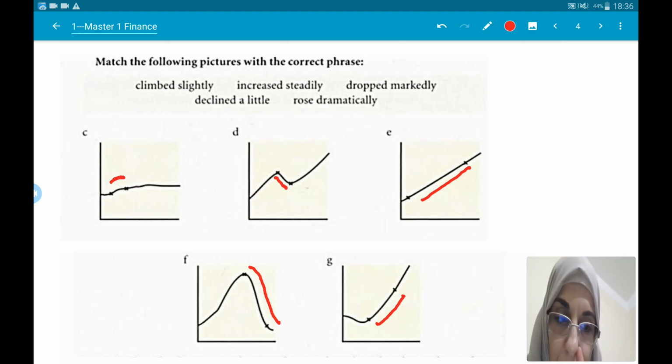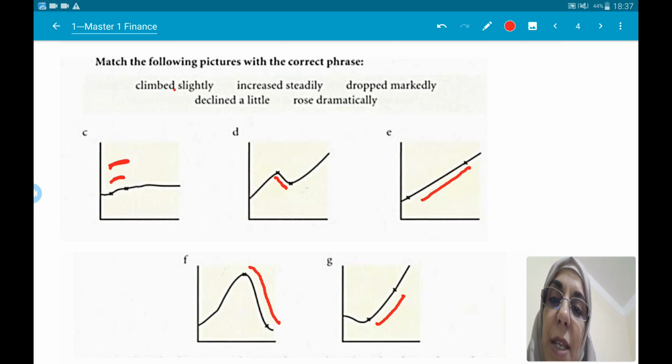Well, I think it's time to correct. Well, as for the first, C, it's quite clear. I have a much clearer example here. So it is C, it's climbed slightly. There is an increase, but which increase? A slight increase, okay?